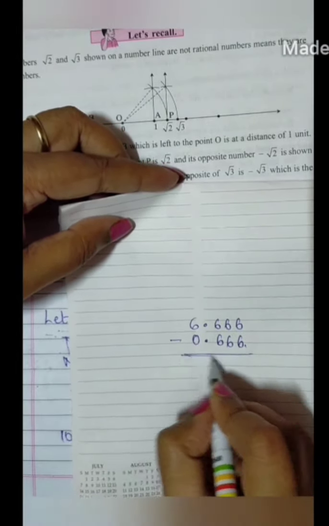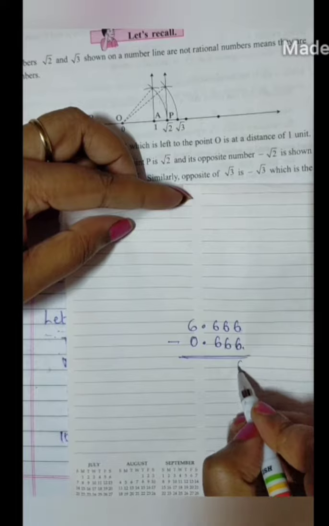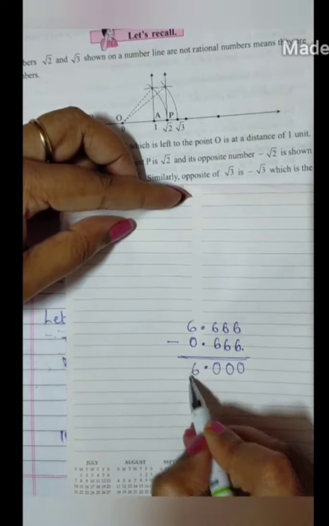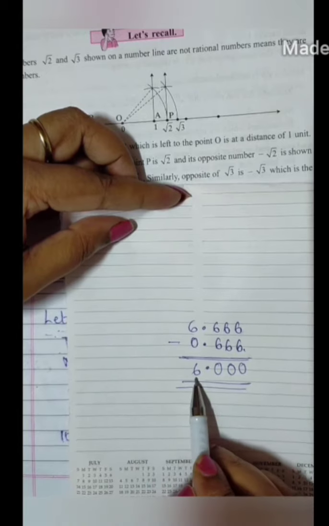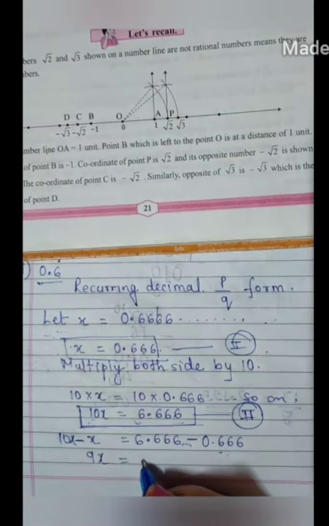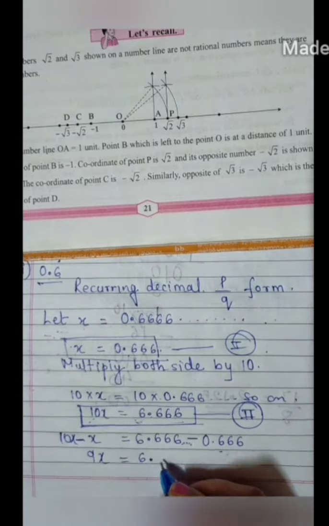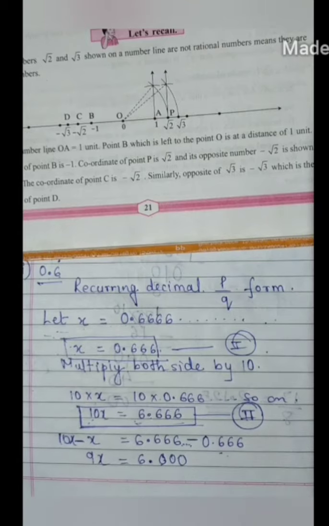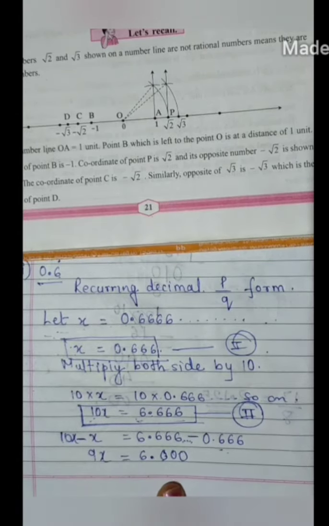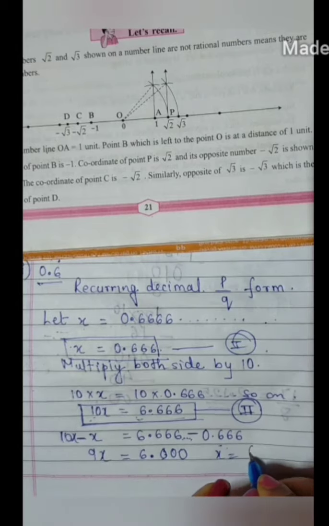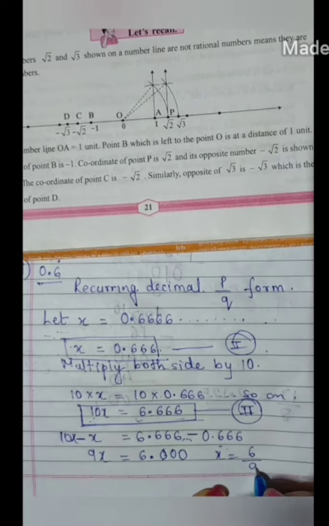On the rough sheet I am showing. So 6 minus 0 is 6, and the repeating parts cancel, and we got the answer 6. So I am writing here 6.000. This answer we got. Now I am writing here x is equal to 6 upon 9.